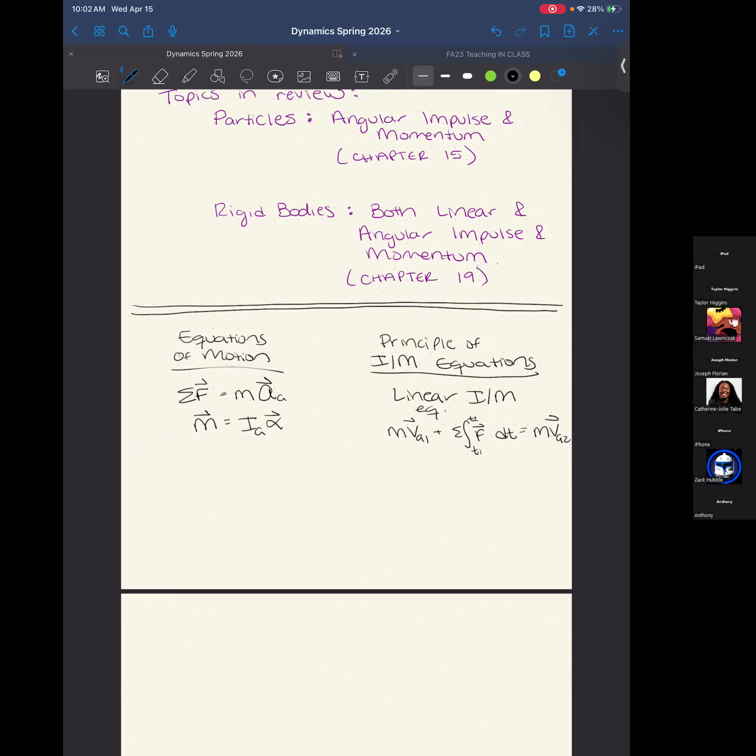And then similarly, I have the angular impulse momentum equation, which is like H_O1 plus the sum from T1 to T2 of impulsive torques equals H_O2.